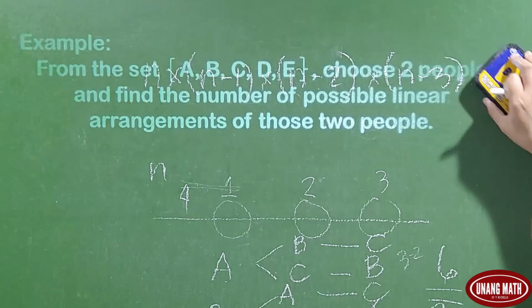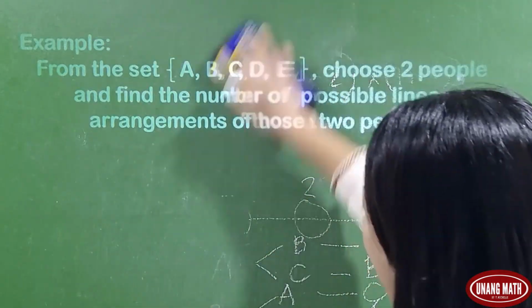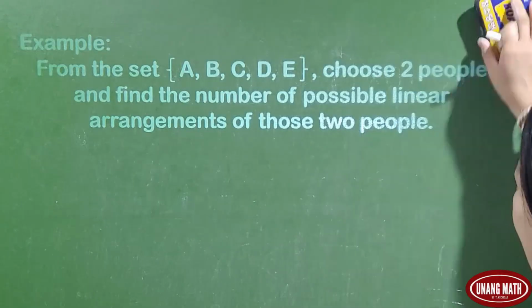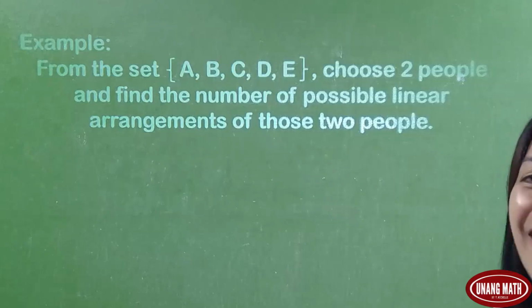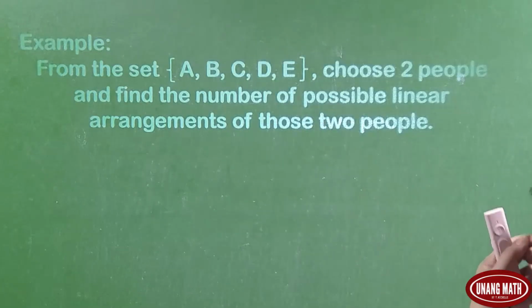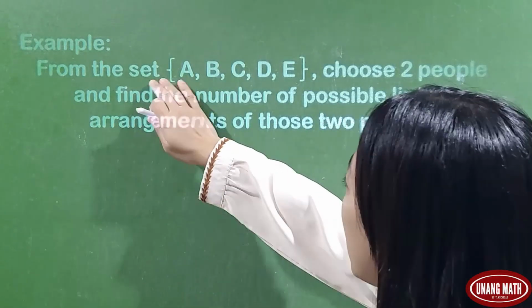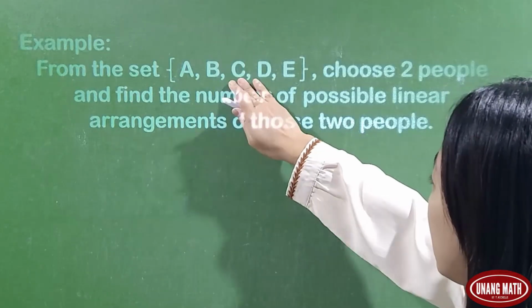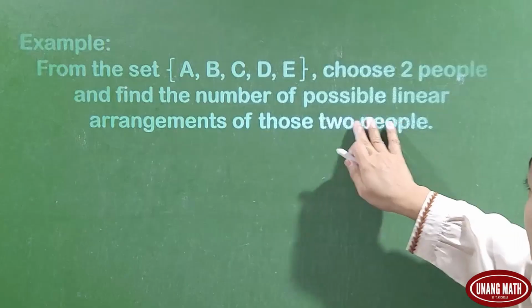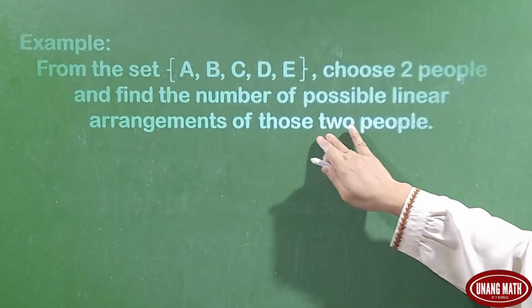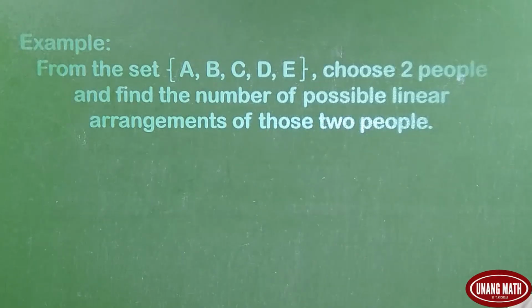Let's use the formula in finding the possible arrangements in this next example. From the set A, B, C, D, E, choose two people and find the number of possible linear arrangements of those two people.